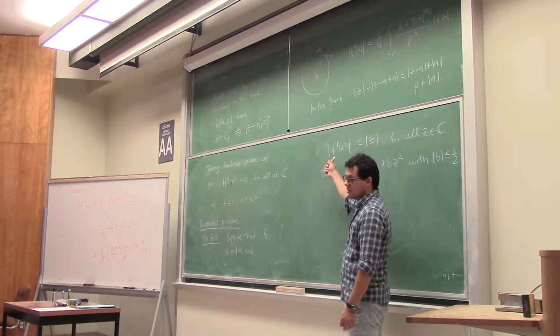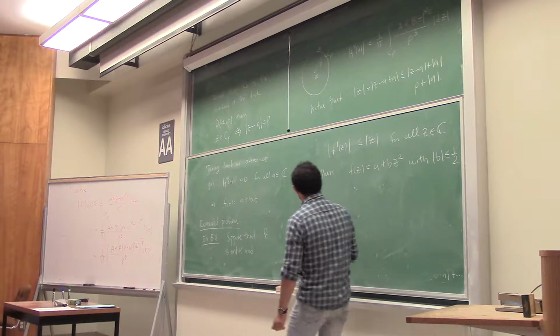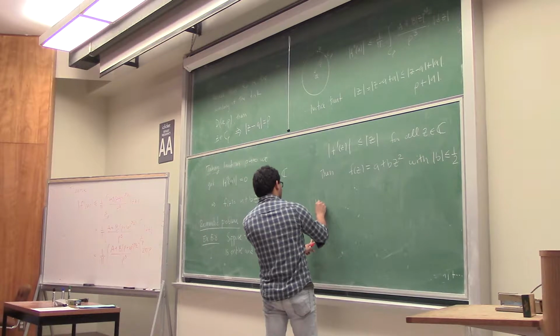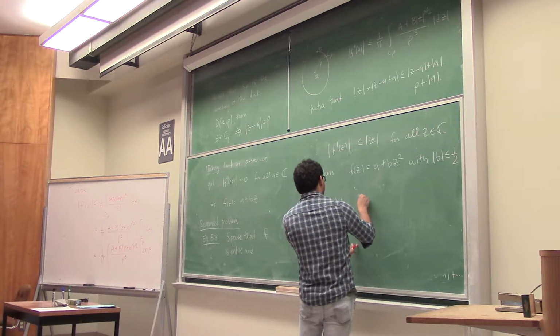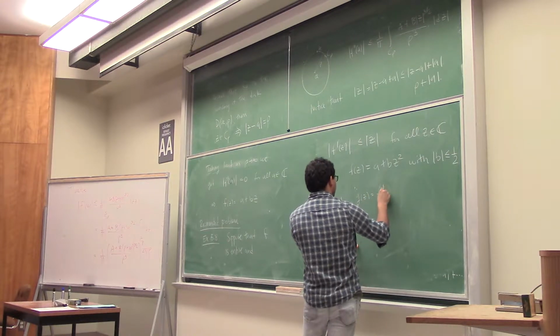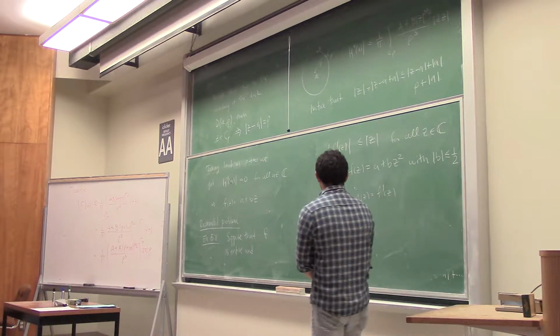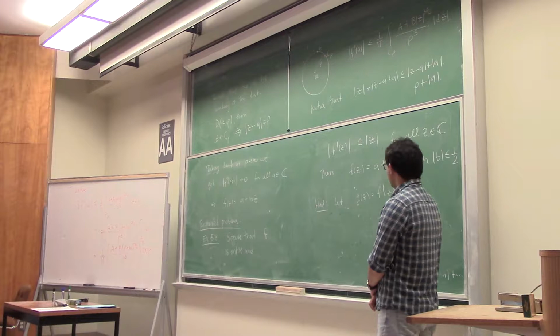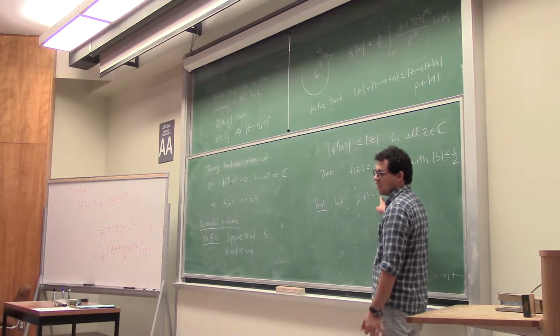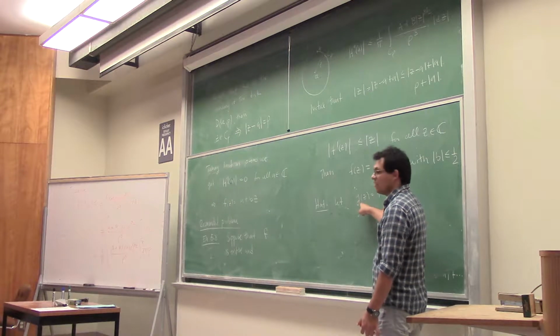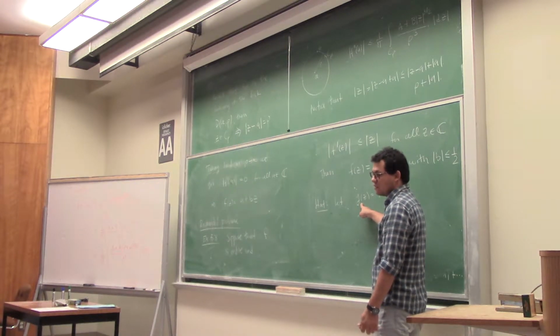But what you can do, so here maybe the hint, is to consider instead g of z to be the derivative. So if I want to prove that the third derivative of f vanishes, it's the same as proving that the second derivative of g vanishes. Is that right?